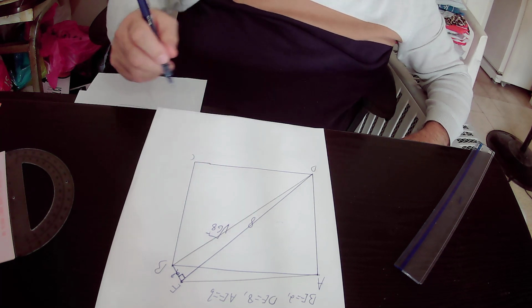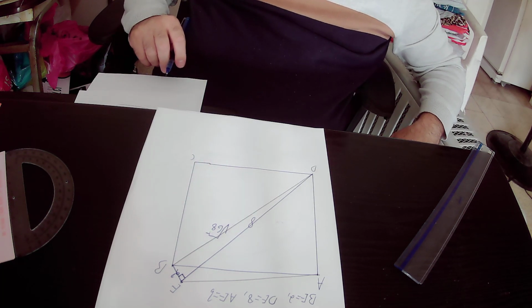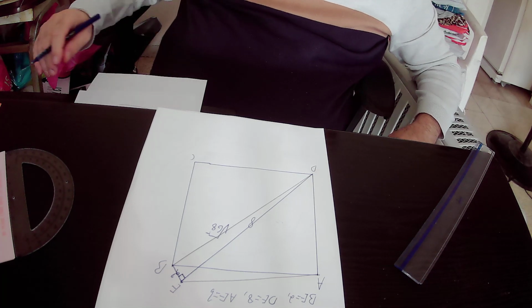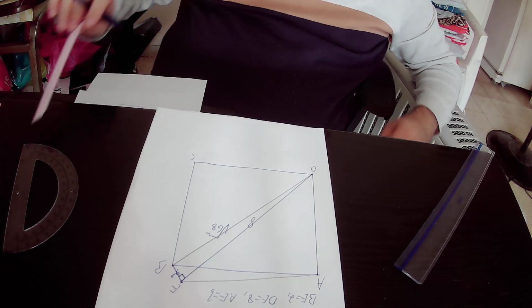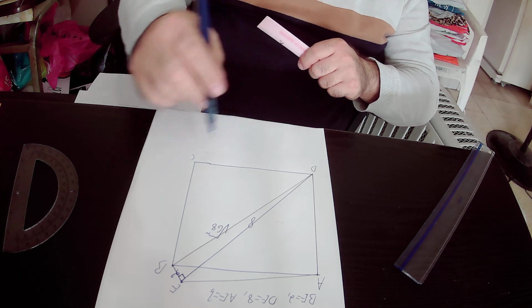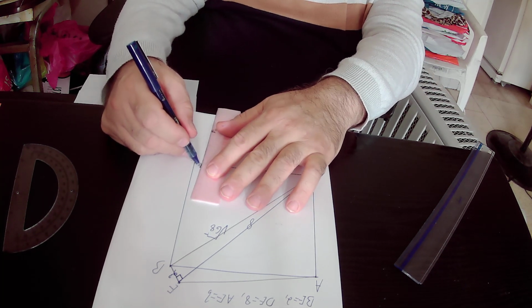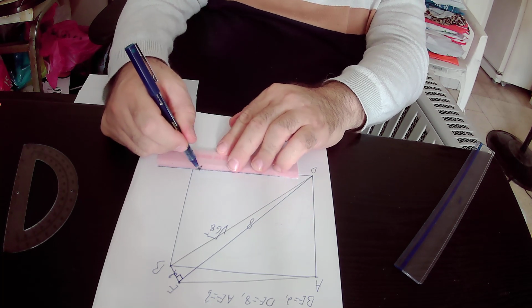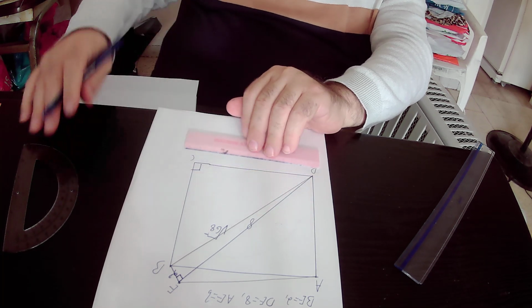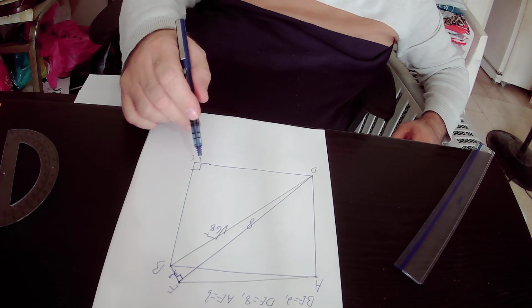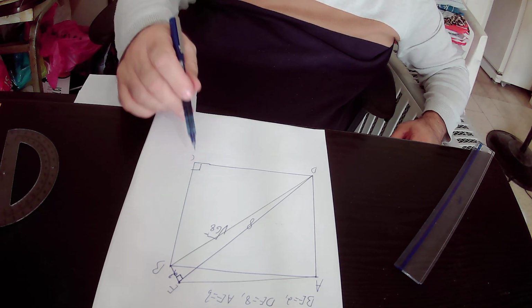And we also know that all the angles inside the square are right angles, therefore angle BDC is a right angle, it equals 90 degrees. Therefore, triangle DBC is a right triangle.